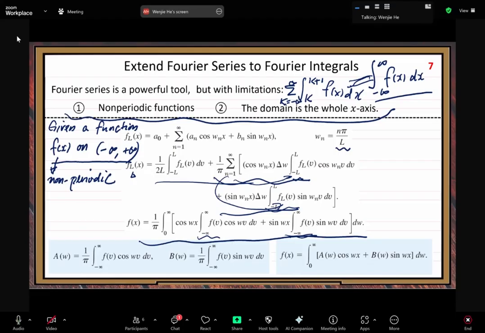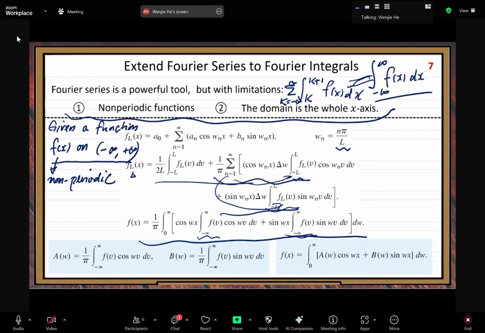But we have to find a way to represent this function. The knowledge we have at this point is the Fourier series representation. Other than that, we do not have other knowledge.